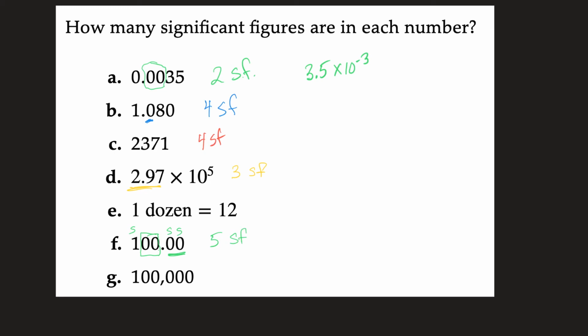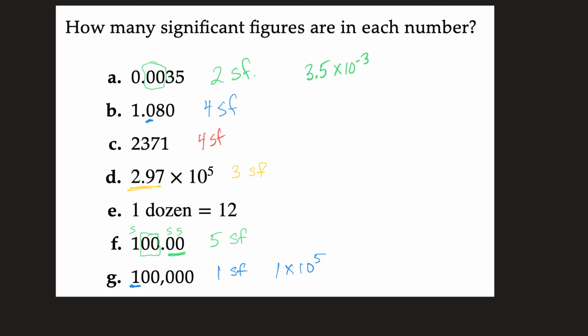And then how about G? Well, G is unclear. But our rule said if there's no decimal, then the zeros are just placeholders. So our estimated digit is in the 100,000s place. So there's 1 significant figure, and the rest of those zeros are just showing us how large this number is. 1 times 10 to the 5th power.